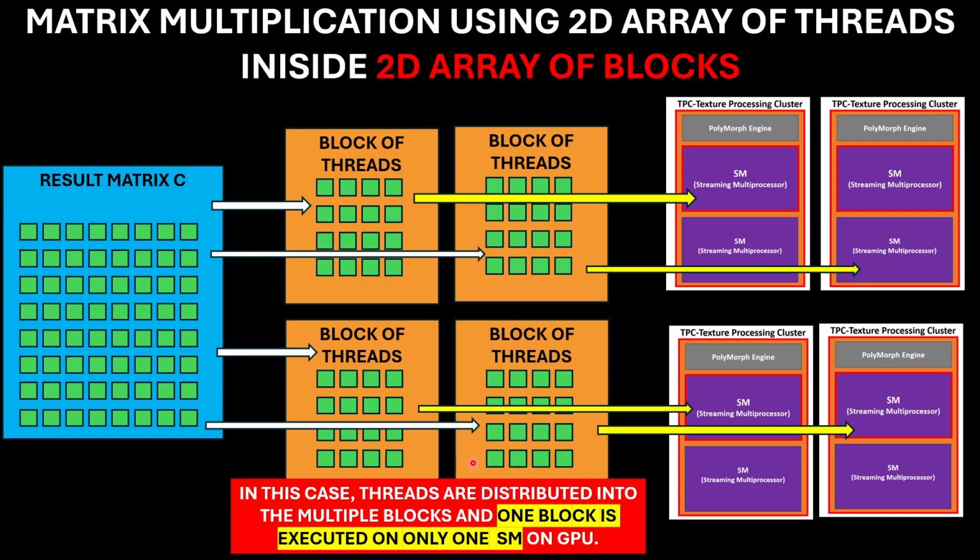That's the issue we are solving here, with the approach of a 2D array of threads inside a 2D array of blocks. Both of them are 2D arrays. So threads are distributed in multiple blocks, and one block is executed only on one streaming multiprocessor on the GPU. So we can go further with this.